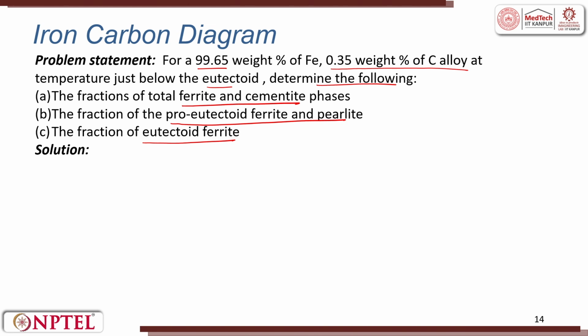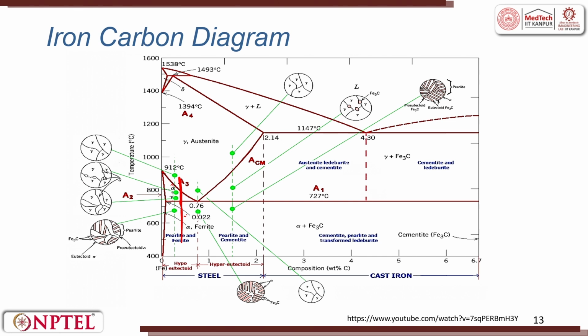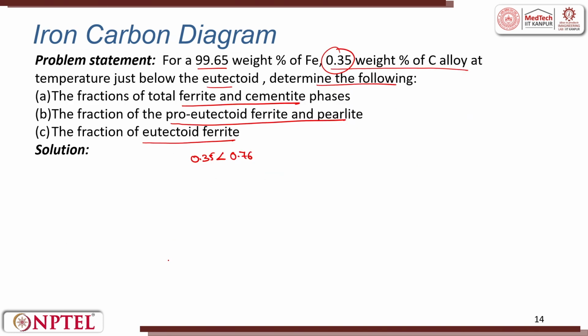Now, because 0.35 is less than 0.76, as you can see here, we are in the hypoeutectoid phase.